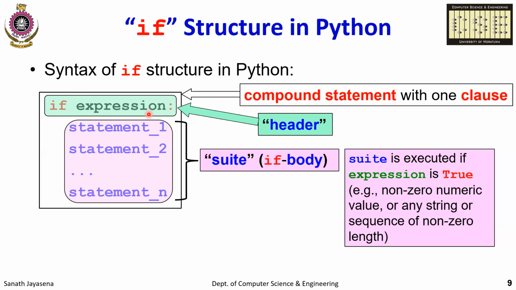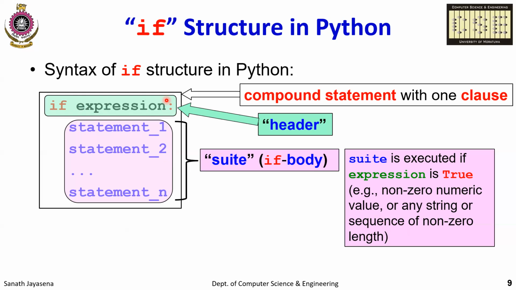Is that the only thing? No, this expression can even result in a string, or in some kind of sequence like a list. In such cases, a true value happens if that string or list or sequence is non-empty, meaning it's not of zero length.